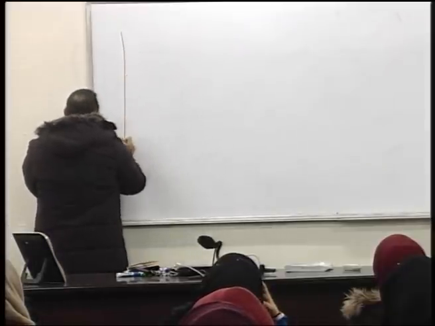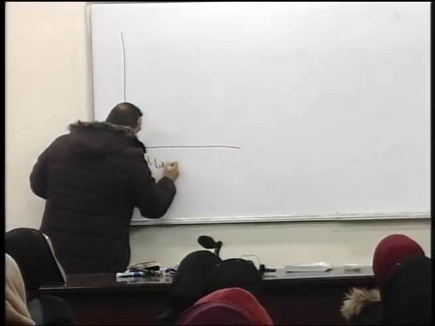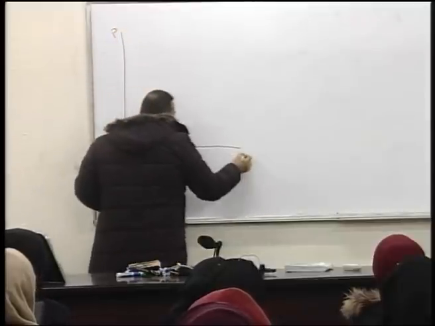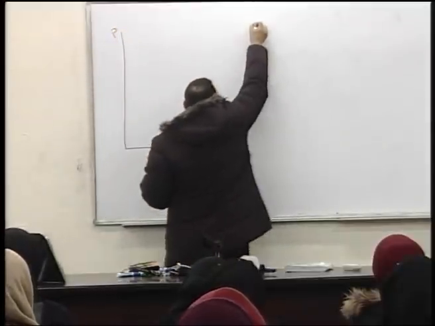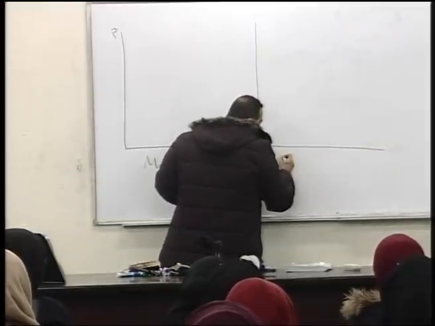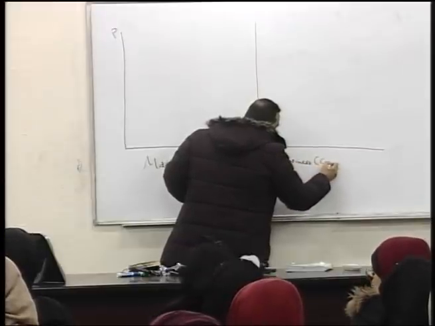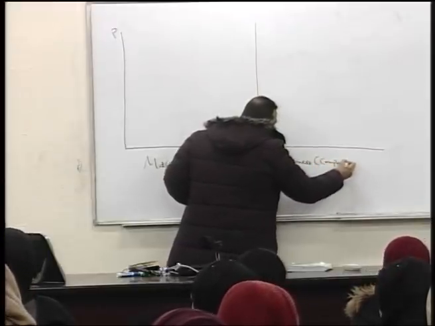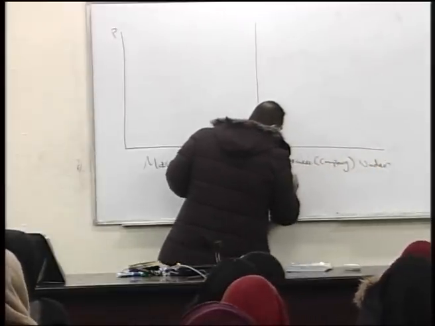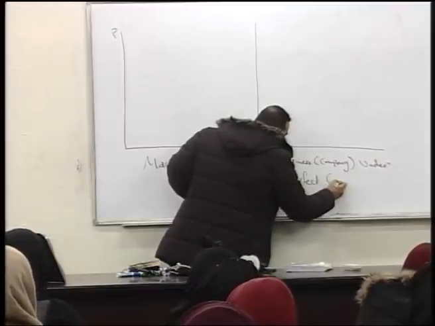So, here's the business, the market, price, and the quantity. And here's the business, or the company, that works under the perfect competition market.